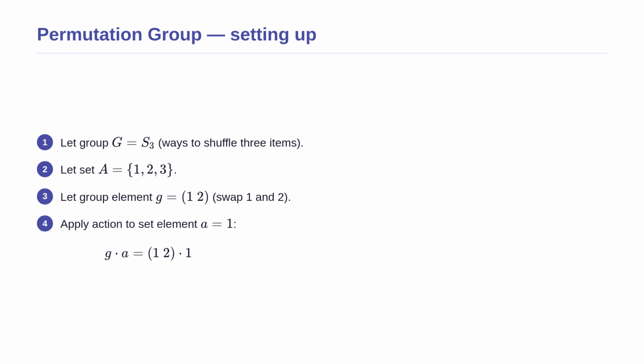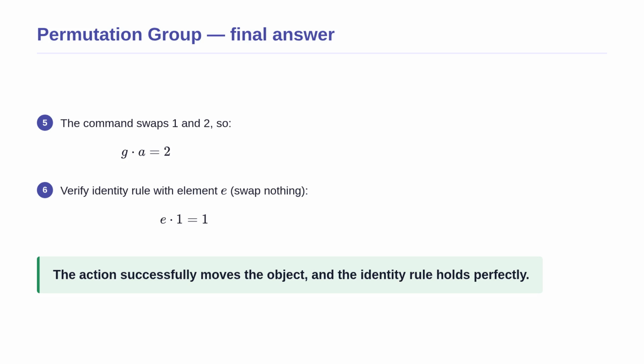We are asked to apply a specific swap command, replacing 1 with 2, to the number 1. We set up our equation by substituting our specific group element and set element into the action map. Continuing with our calculation, we execute the swap command. The command tells us to replace 1 with 2, so the result is simply 2.